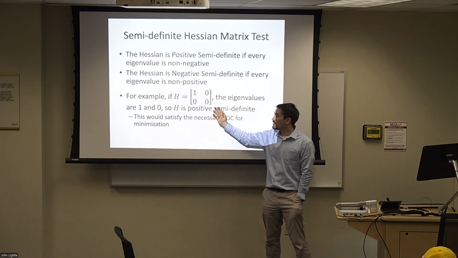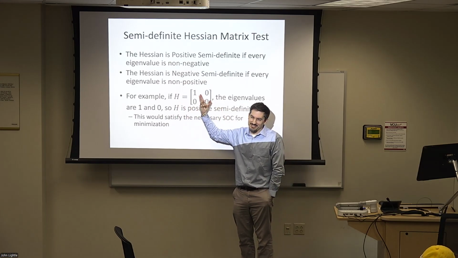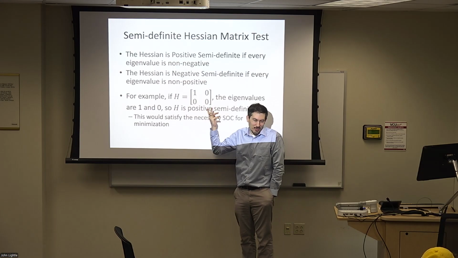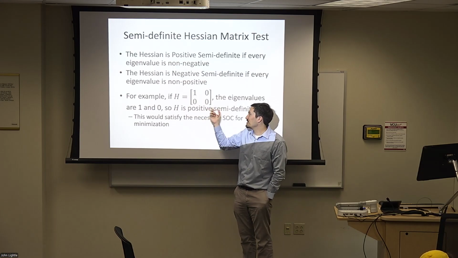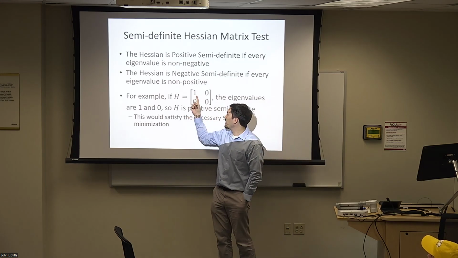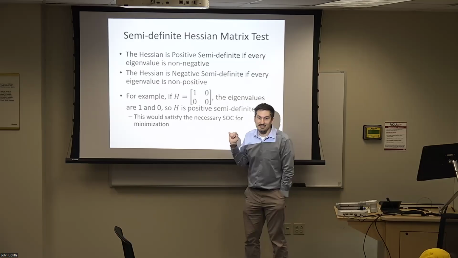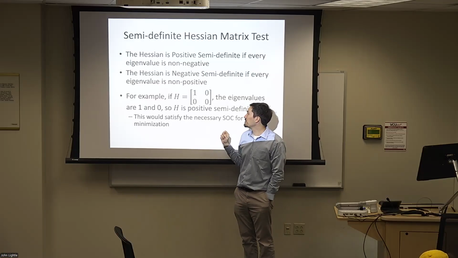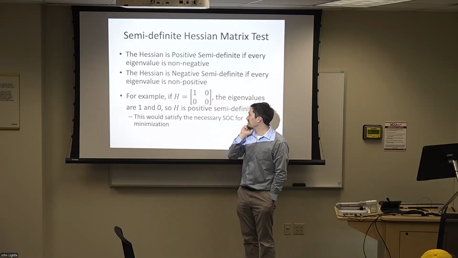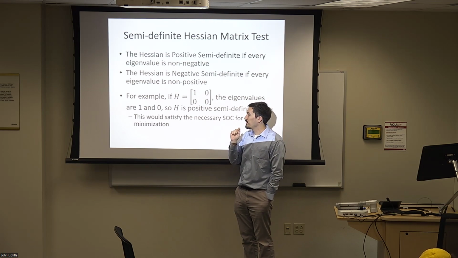For example, here is H. I'm thinking of it like a Hessian matrix because oftentimes you'll only be doing this with the Hessian matrix. Here's a matrix called H. The eigenvalues of this are 1 and 0. So H is positive semi-definite. The matrix 1, 0, 0, 0 is a positive semi-definite Hessian.